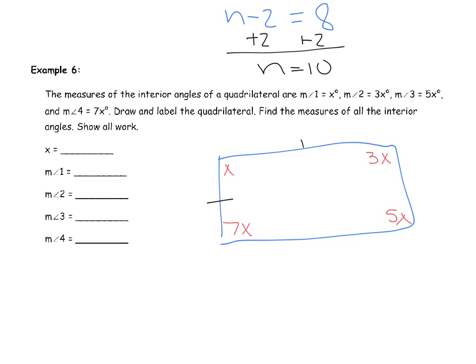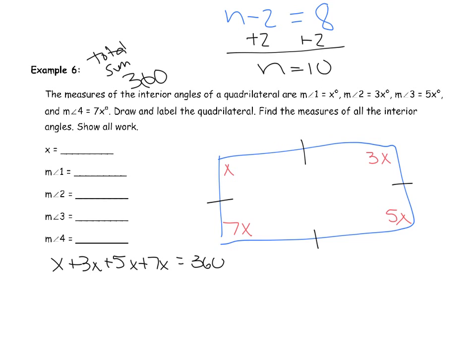Very important: this has 4 sides, which tells me that the total sum is 360 degrees. To figure out the value of x, we just need to add them all up and make them equal to 360. So x plus 3x plus 5x plus 7x equals 360.